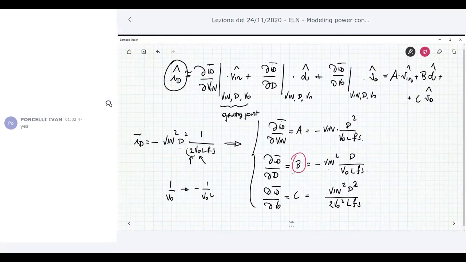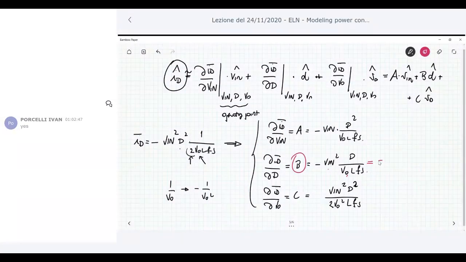This coefficient can be rewritten in this way. I have V in square and V naught here, so I can multiply it by V naught.